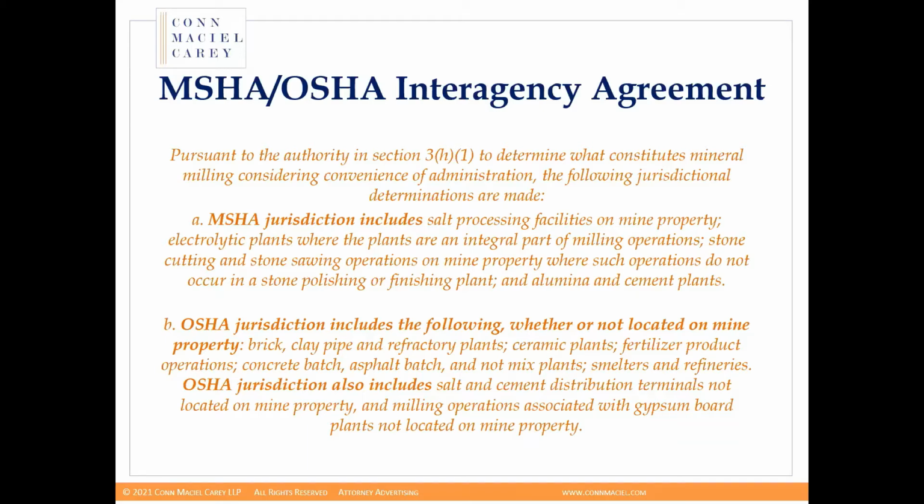MSHA should not touch those. Likewise, when OSHA comes on site, if they ever come on site to investigate those facilities, they should not be investigating or inspecting the mining operations on site. We have specific delineations between the two on those areas, and that's because they're called out in this interagency agreement.